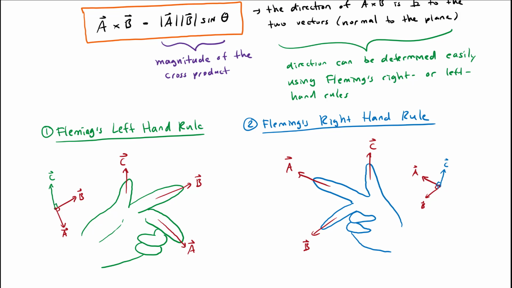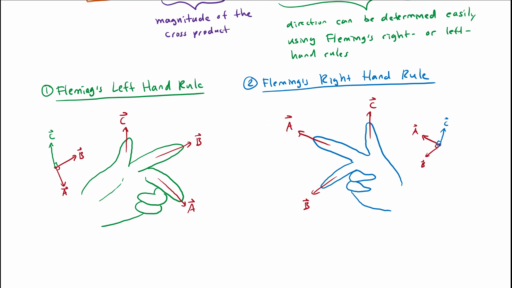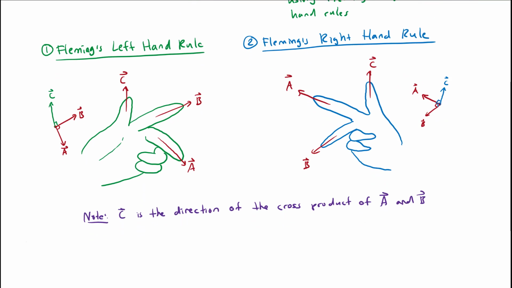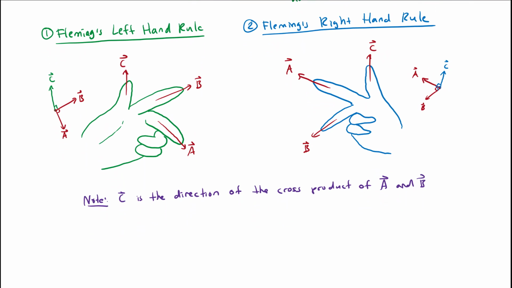So the key thing between the two of these is that C is the direction of the cross product of A and B. So just a quick recap, just remember to pick either Fleming's left hand or right hand rule when you're doing the cross product so that you can keep to a consistent convention.